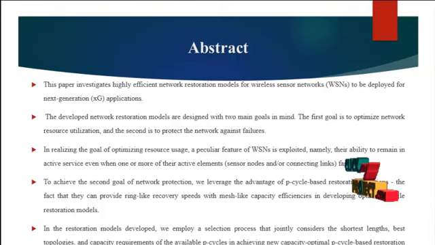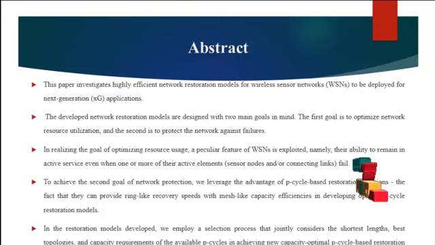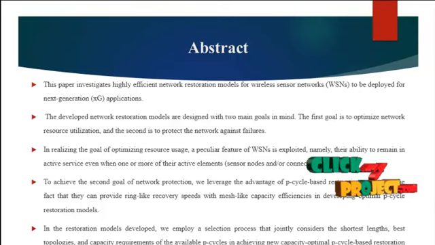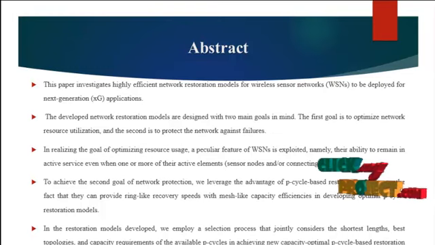We realize the goal by extending the network lifetime and the energy restoration process, and by keeping every node's service active. In case a node or its connecting links fail, they will be automatically recovered, and the links will be connected through another link line. To achieve the second goal, we leverage p-cycles.